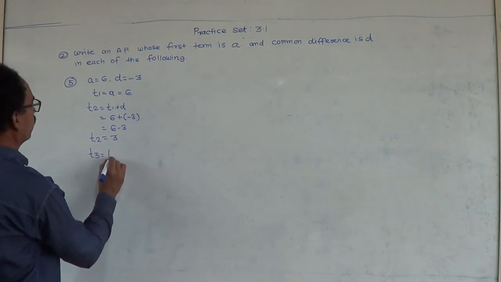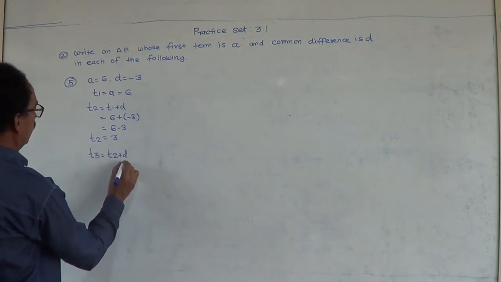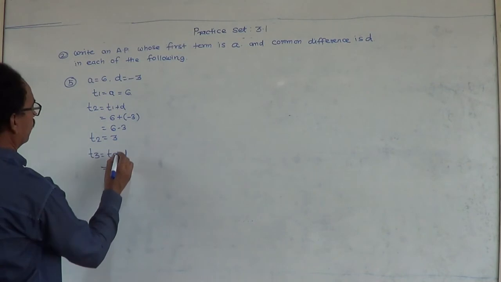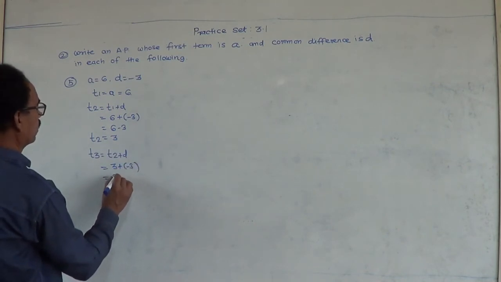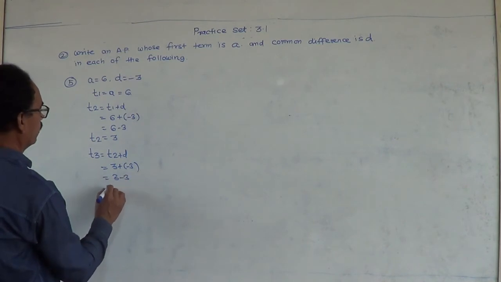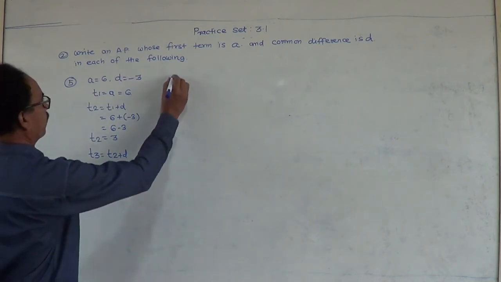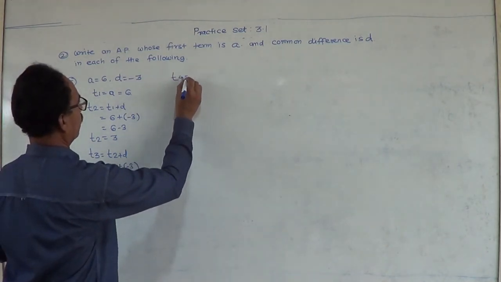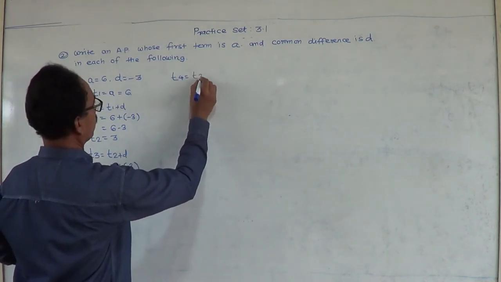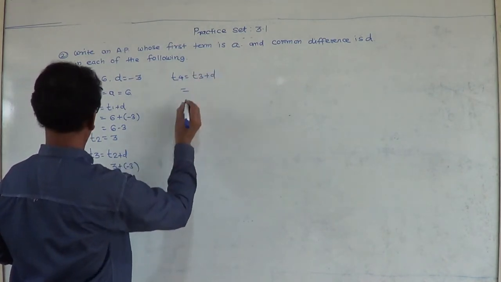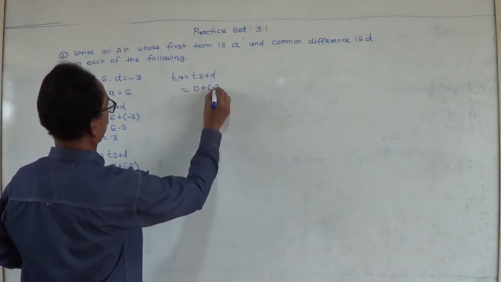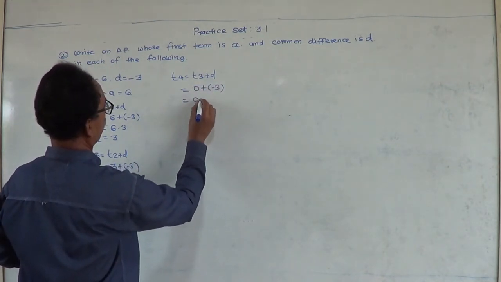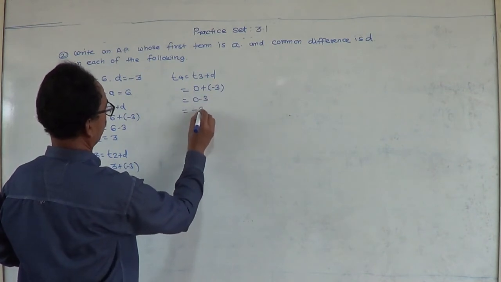T3 will be equal to T2 plus D. T2 is 3 plus minus 3, and we will get 3 minus 3, that is 0. T4 is equal to T3 plus D. So T3 is 0 plus minus 3, the answer will be 0 minus 3, and the answer is minus 3.